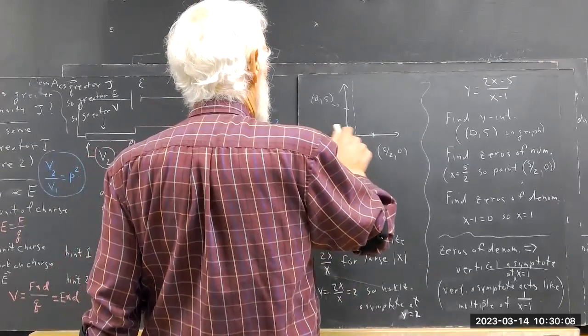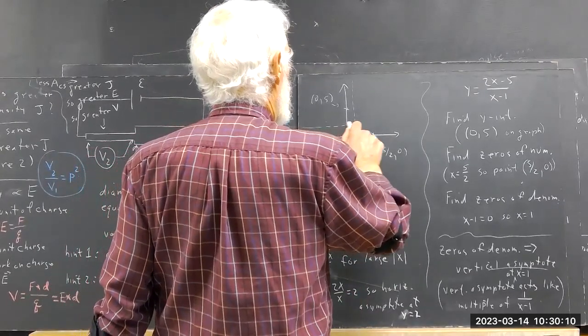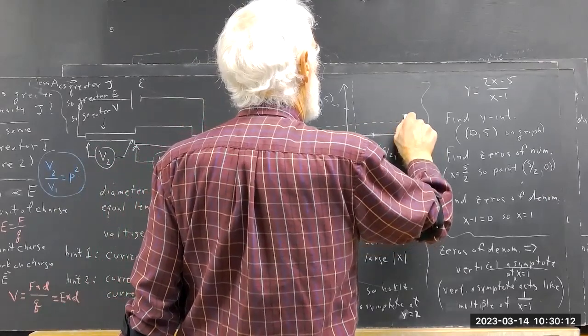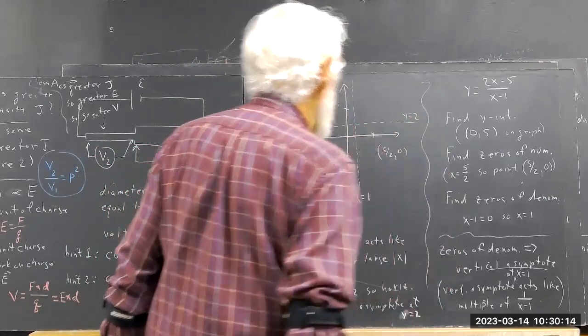So we get a horizontal asymptote at y equals 2.